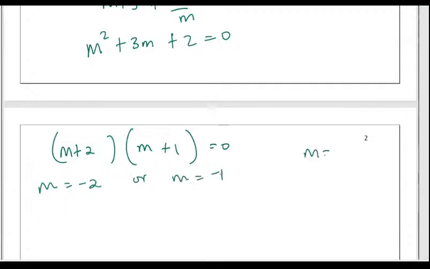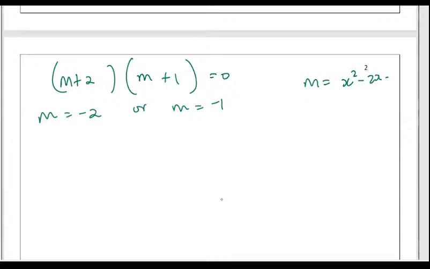But remember, we say that our m is x squared minus 2x. Let's go back and represent that. Some people prefer calling it the k method. Well and good. So x squared minus 2x, we can bring this 2 over, so plus 2 is a 0. Alternatively, we can have x squared minus, was it a 2x or a 3x?